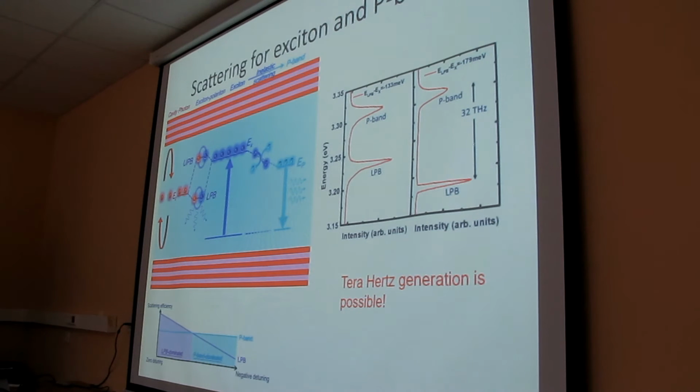Since the exciton number of the system is limited, the P-band mechanism will compete with the lower polariton branch mechanism. And interestingly, the energy offset of the P-band and lower polariton branch is about terahertz, so maybe it can be used in terahertz generation applications.